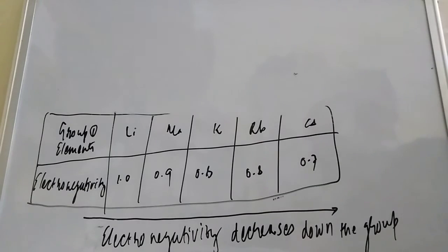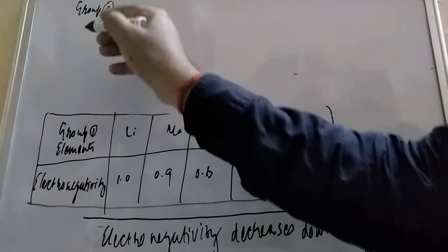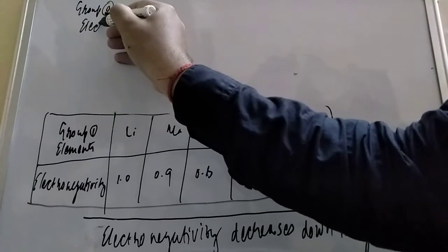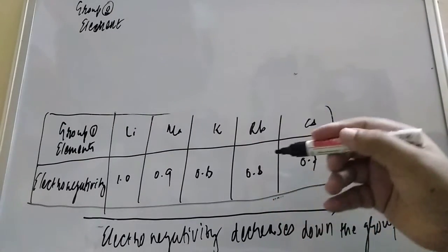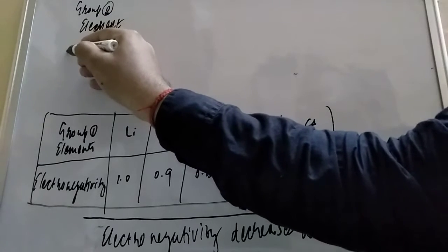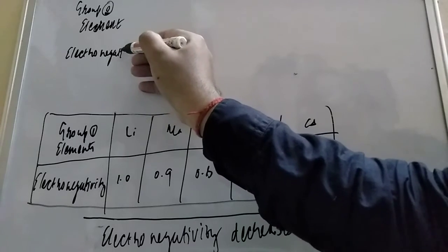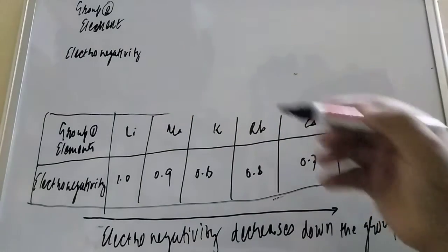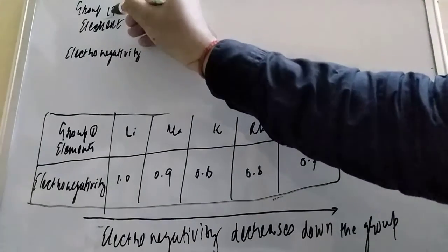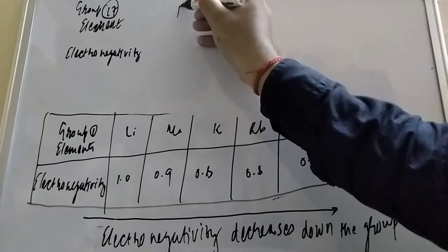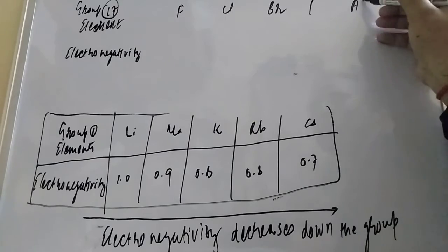Now let us take another example. Suppose you are taking group 2 elements and checking the electronegativity of group 2 elements. Or better, take group 17 elements: fluorine, chlorine, bromine, iodine, and astatine.